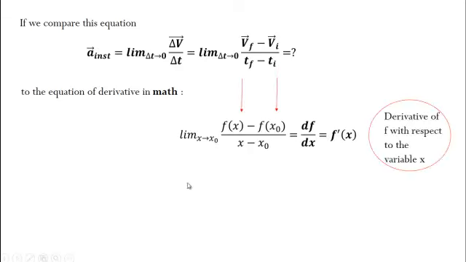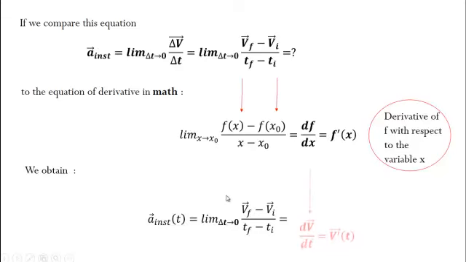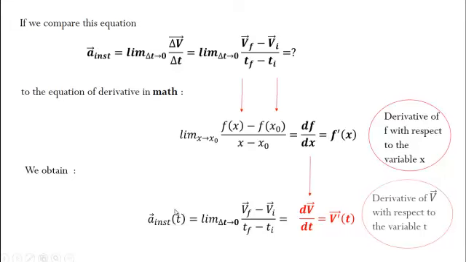This means a instantaneous equals the limit when delta t tends to 0 of v final minus v initial over t final minus t initial. This limit, with this big variation, will give us a small variation of time, and this is what we call dv over dt. By comparing, we know that this form is the form of a derivative. Then we deduce that a is the derivative of v with respect to time.